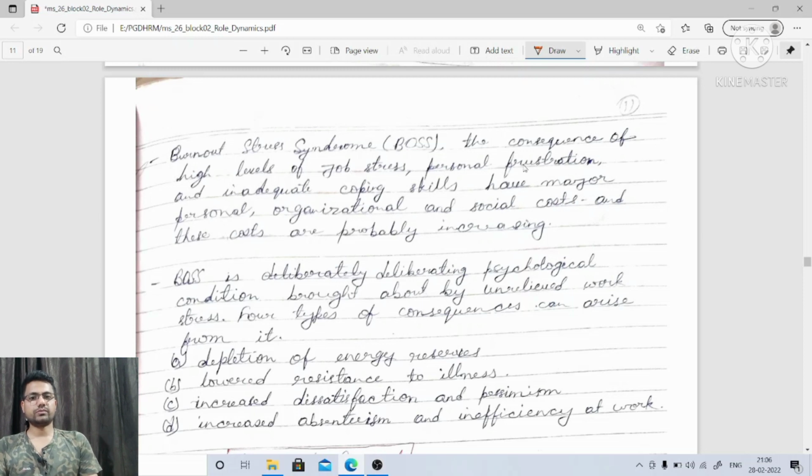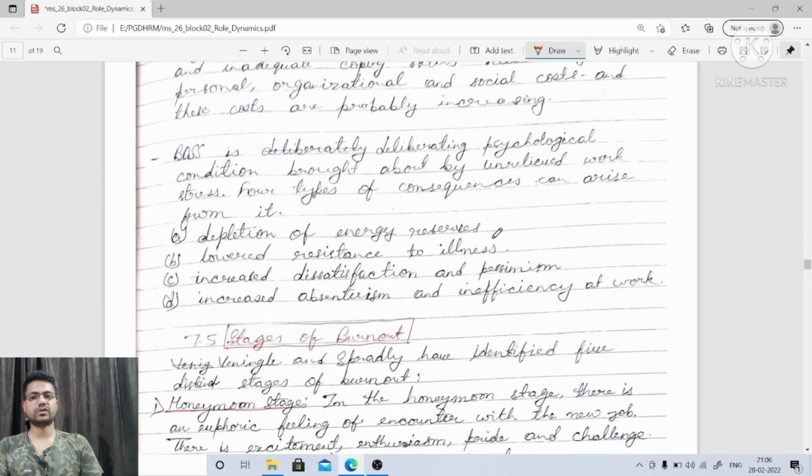The consequences of high levels of job stress, personal frustration, and inadequate coping skills have major personal, organizational, and social costs, and these costs are probably increasing. Burnout stress syndrome is a debilitating psychological condition brought about by unrelieved work stress.